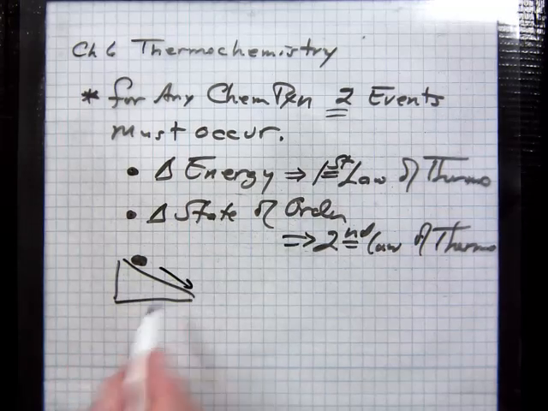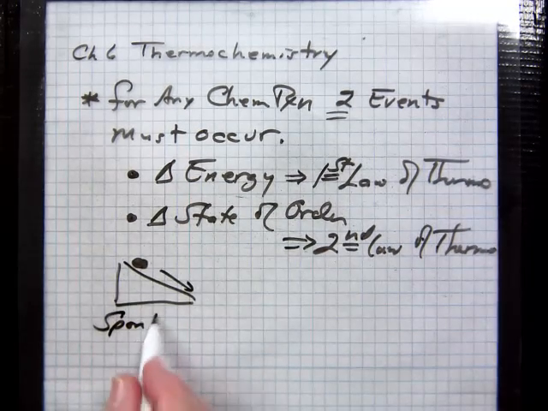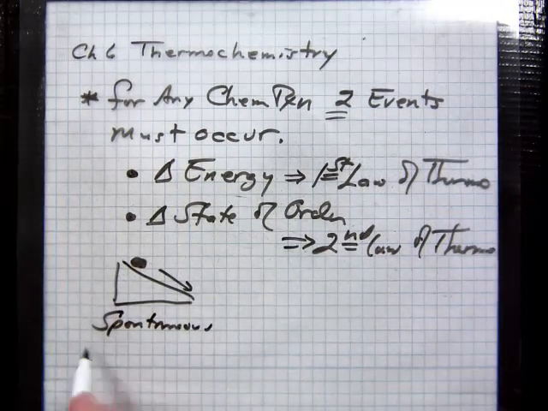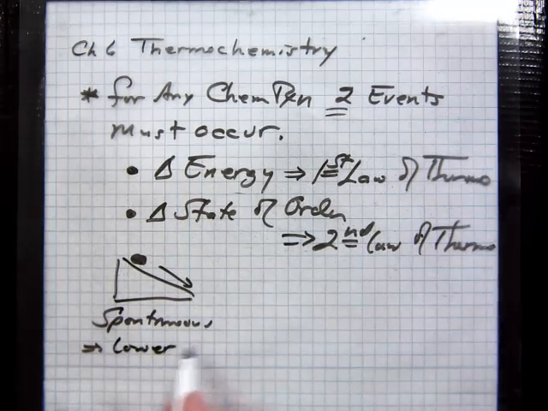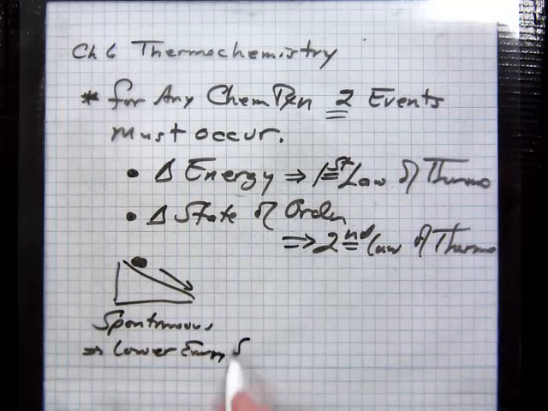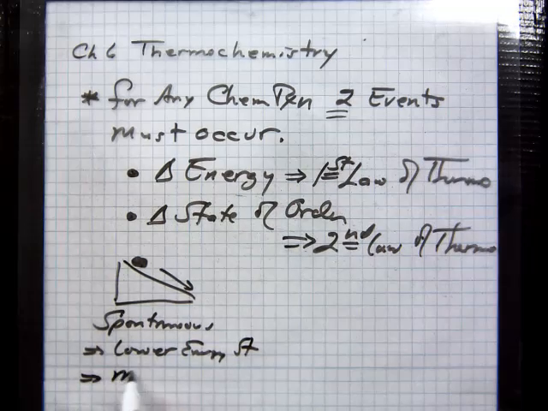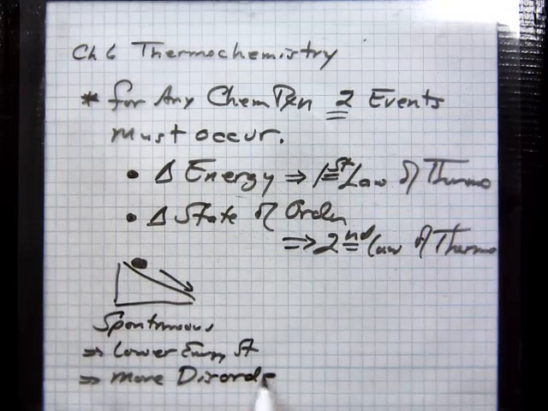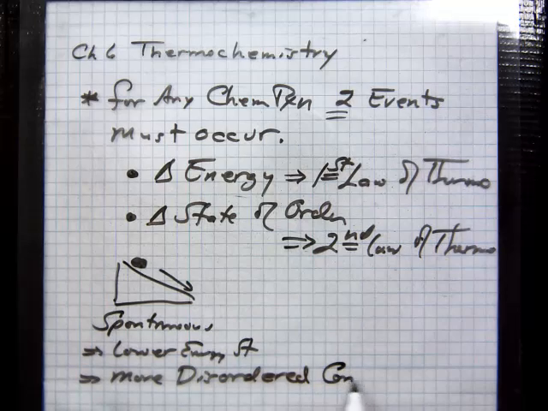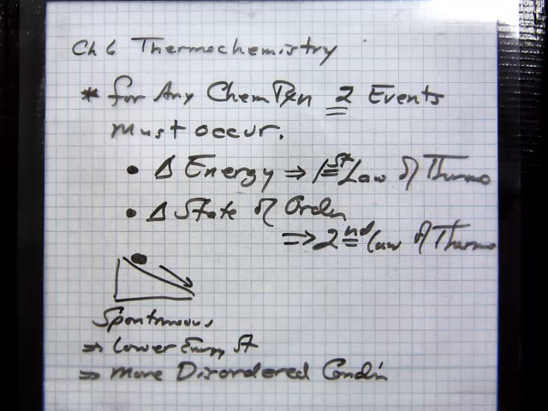So this is what we call spontaneous. And what happens is you go to a lower energy state and a more disordered condition. So the two events are taken into account there.